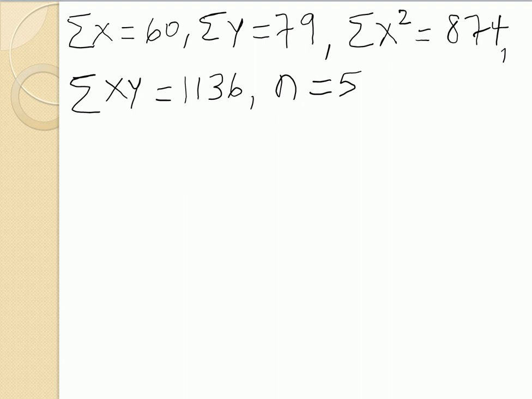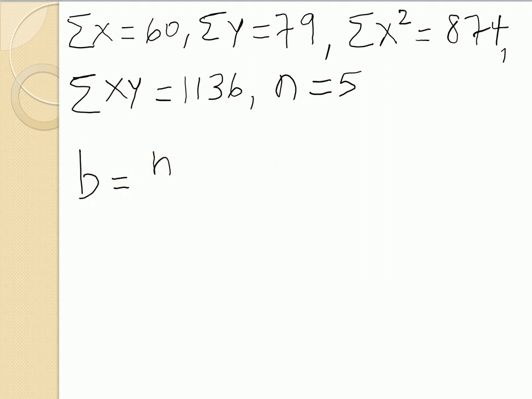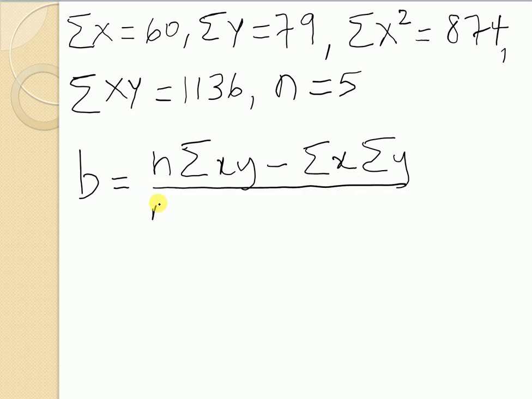And recall that the formula for B, which is the regression coefficient, is B equals n times the sum of xy minus the sum of x multiplied by the sum of y, divided by n times the sum of x squared minus the sum of x all squared.